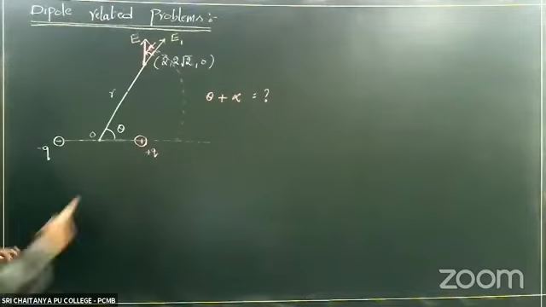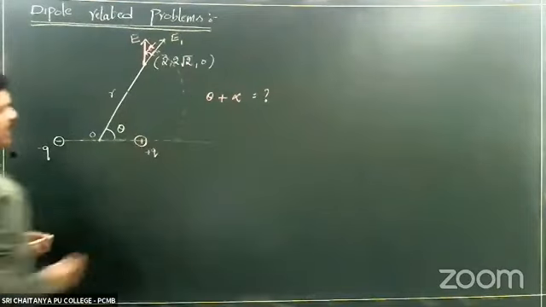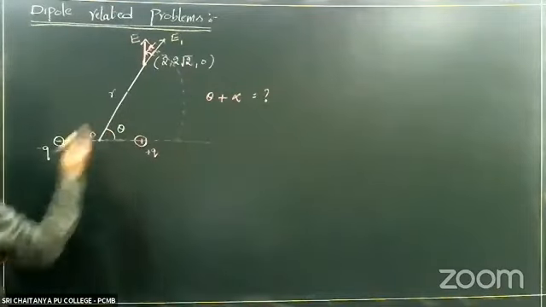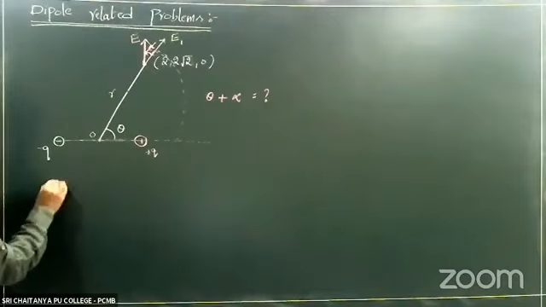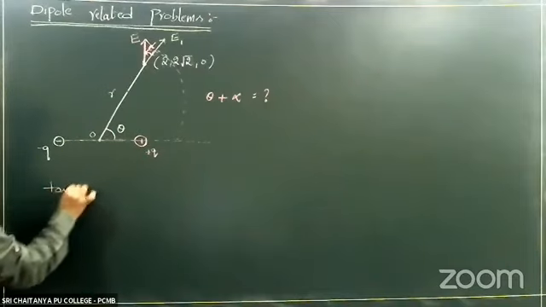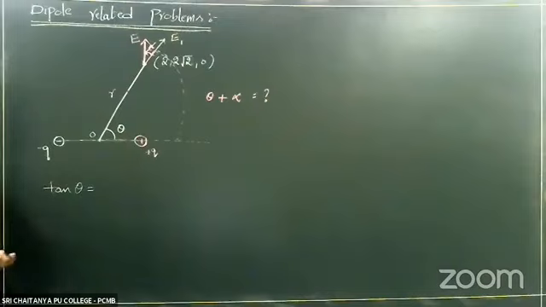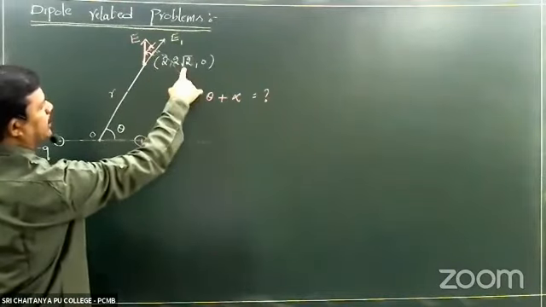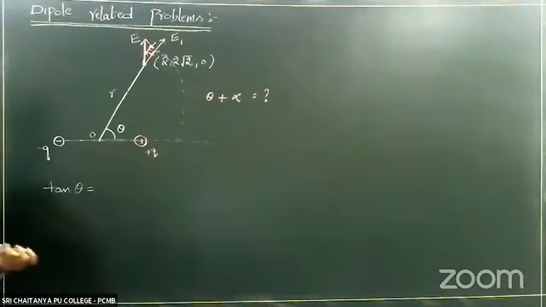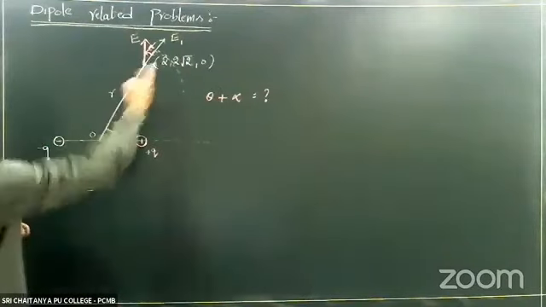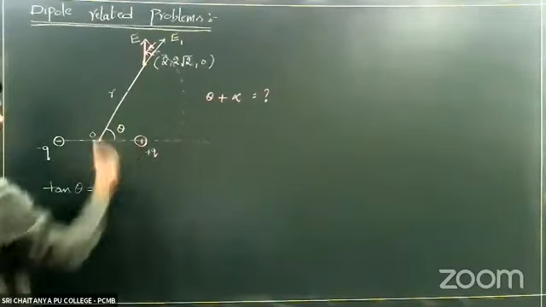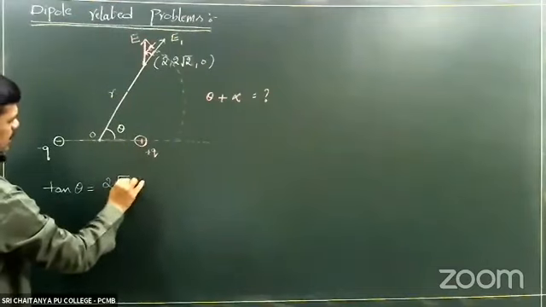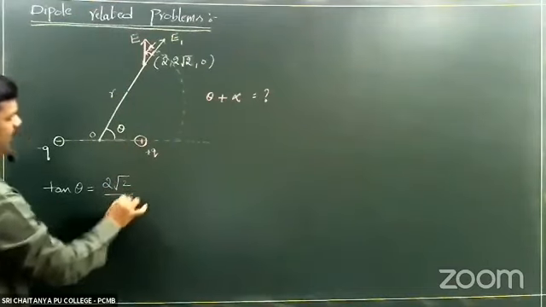Okay. Once these coordinates are given to you, we can write theta. Tan theta is equal to, see, this is x coordinate, this is y coordinate, this is z coordinate. Tan theta is y by x. We can write 2 root 2 by 2.